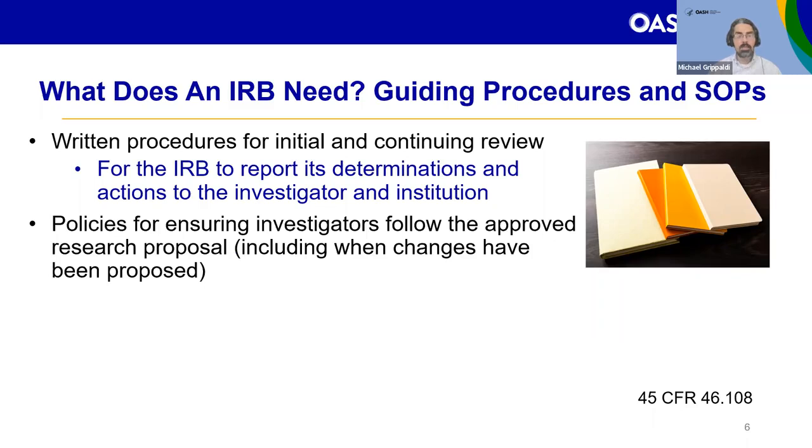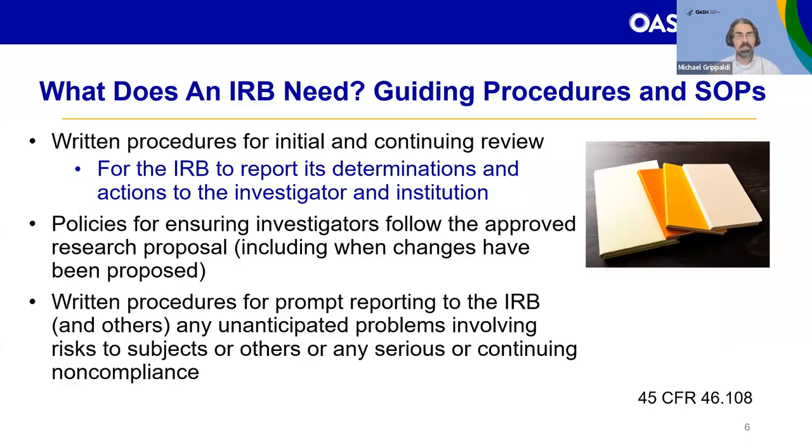The IRB needs to have a mechanism for researchers to submit changes or amendments to the protocol. The regulations say that when changes are made, they must be approved by the IRB prior to implementation. Now, there's an exemption that allows for changes to occur prior to IRB approval if it's to avoid immediate harm to the participants.